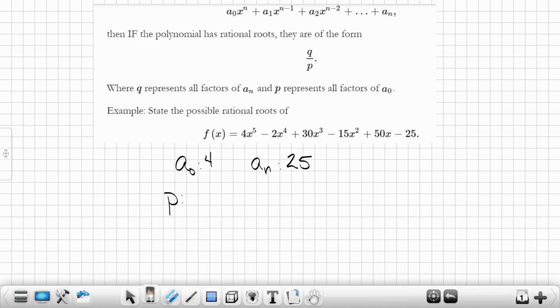And here, since we're talking about factors, it means what can multiply to get 4. Which means every single one of our factors has a plus or minus in front of it. Yep. Plus or minus 1, 2, 4. We don't need to put plus or minus in front of every single one.